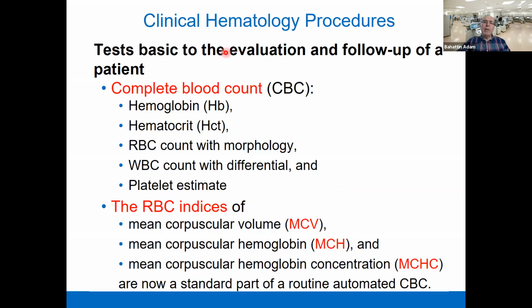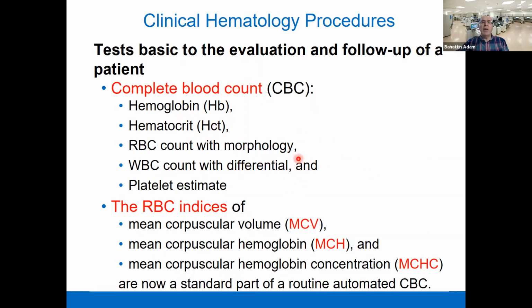A complete blood count includes hemoglobin, hematocrit, red blood cell count with morphology, white blood cell count with differential, and platelet estimates. These all should be reported under the CBC report, and are really important.